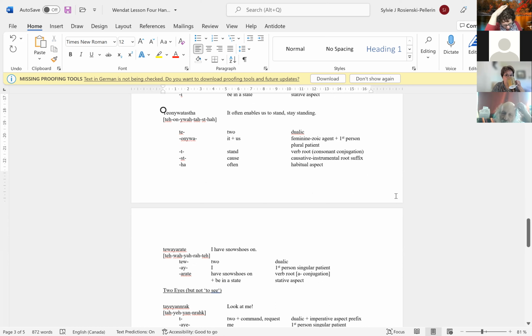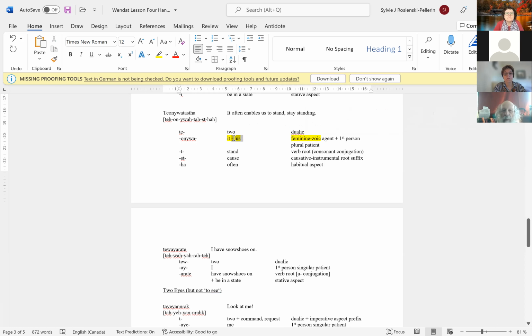And here we have as the subject the it, as the agent subject, and then the first person plural patient is the patient, it's the object of it.